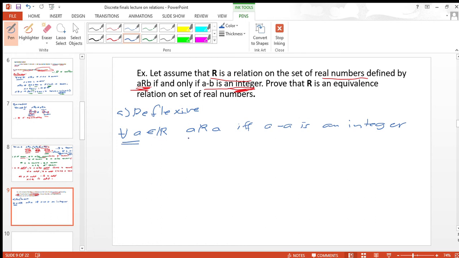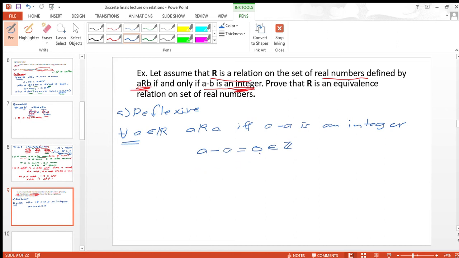We have A R A if and only if A minus A is an integer. Clearly, if you get any real number, A minus A will always be equal to 0. And isn't it that 0 is an integer?